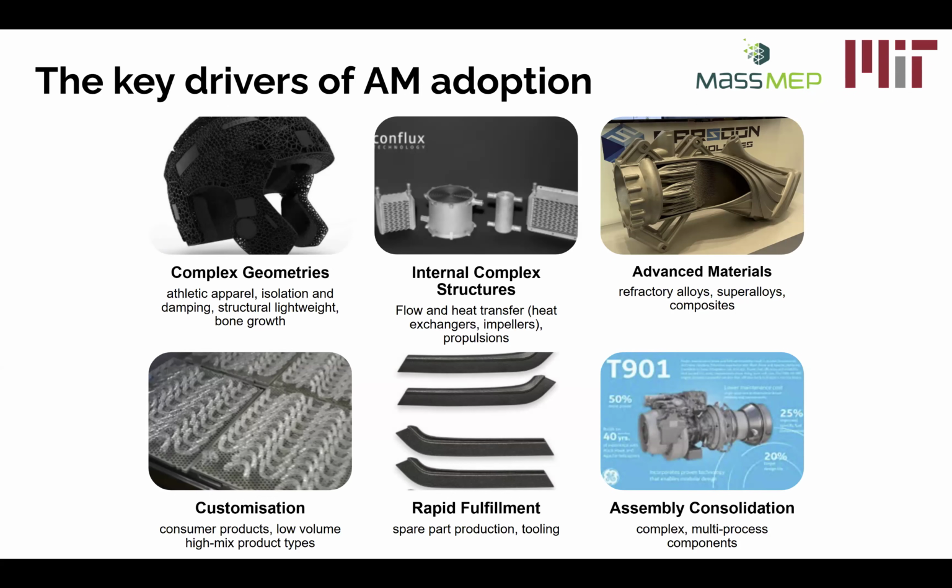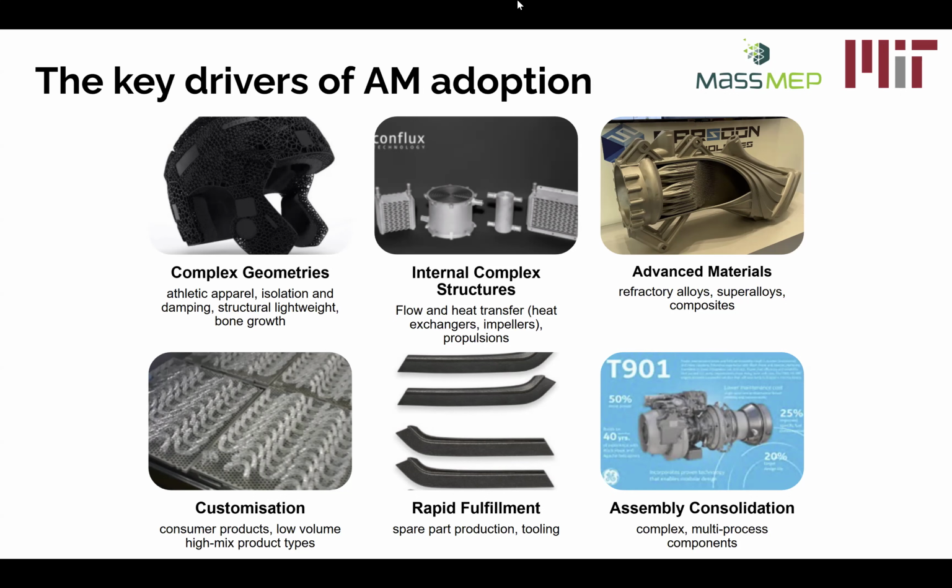One of the most famous reasons is its ability to manufacture complex geometries, components that have very complex structures like topology optimized lattice structures, all to achieve specific properties like bone growth, like part integration, but most commonly lightweighting. So having components that can satisfy the same mechanical performance but still be lighter.